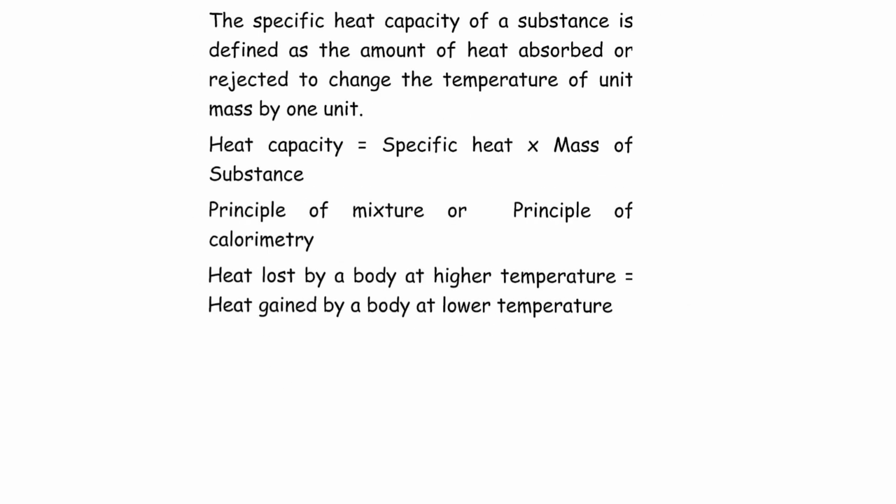And also the specific heat capacity of a substance, defined as the amount of heat absorbed or rejected that changes the temperature of unit mass by 1 unit. And also the relation that heat capacity is equal to specific heat times the mass of the substance. And the principle of mixtures, or principle of calorimetry: heat lost by the body at higher temperature is equal to heat gained by the body at lower temperature.